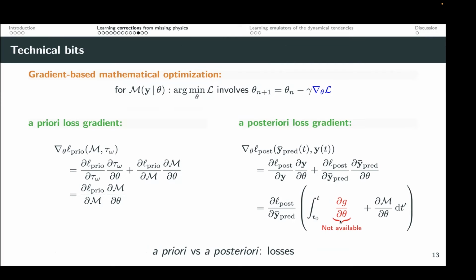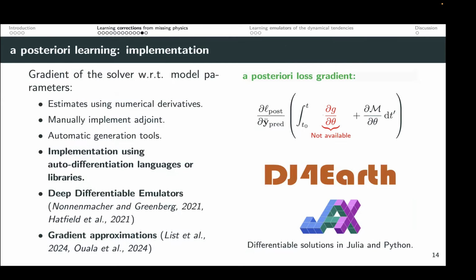For example, if you use a Fortran solver, you don't have access to the derivative of the solver automatically. And so people are using different kinds of strategies to solve this problem. So you can estimate them using numerical derivatives, but that's not very stable. You can implement and maintain an adjoint of your solver, but that's time consuming.